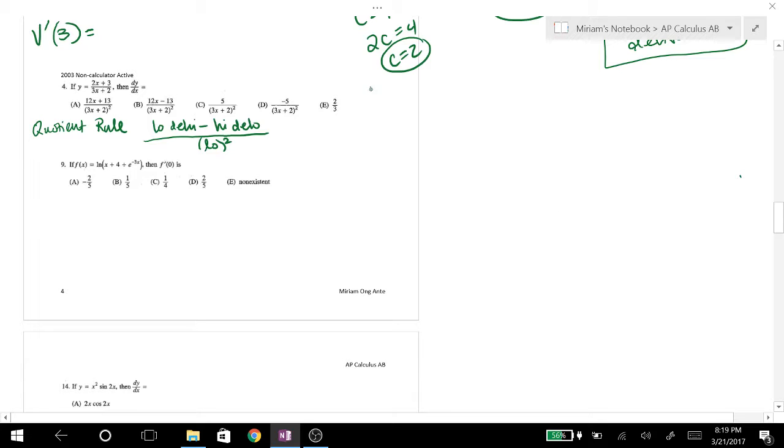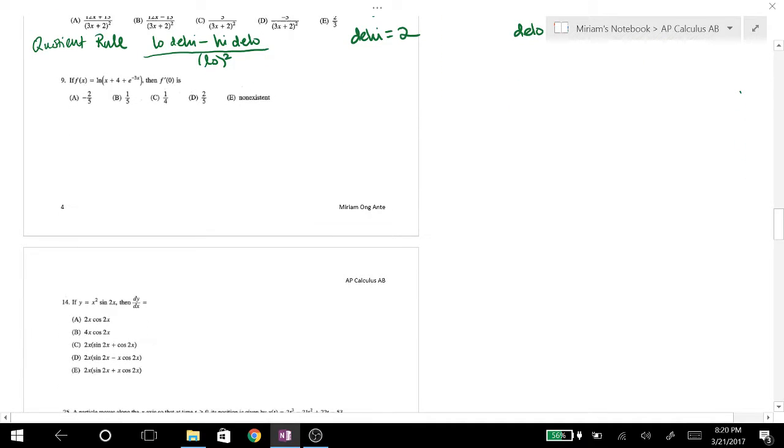Where if we break it up, our high is 2x plus 3. Our low is 3x plus 2. The derivative of high is 2. The derivative of low is 3. Okay? So that's sufficient. I know you can put it together and find the match.